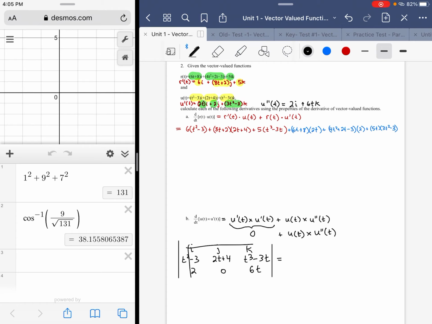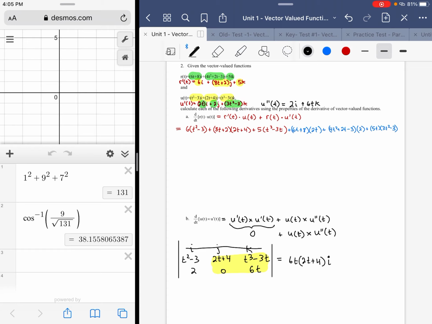So I'm crossing out the row and column containing an i, which means that I'm just living with these two rows and columns. So diagonal down would be 6t times 2t plus 4. All right, so that's the i coefficient. Air quotes on the coefficient.